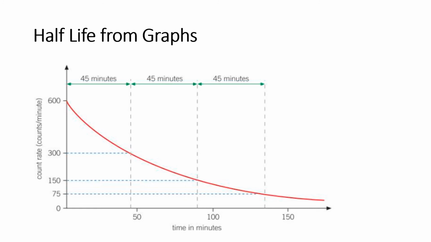In this case, the initial count rate was 600, and to find the half-life, we halve this, which is 300, and draw a line across and down on our graph, and we can read off the time of the half-life. Make sure you check the units on the x-axis. This one's in minutes, so the half-life will be 45 minutes.